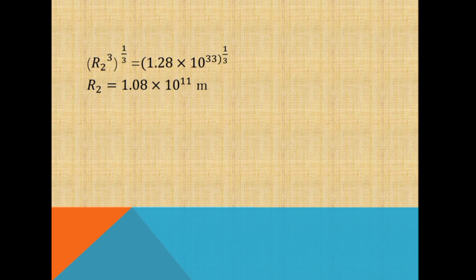So we raise it to the power of 1/3, and so it will be cancelled and what remains is R, so the answer will be 1.08 times 10 to the 11 m. This is the mean distance between Venus and the Sun. That's all. Thank you.